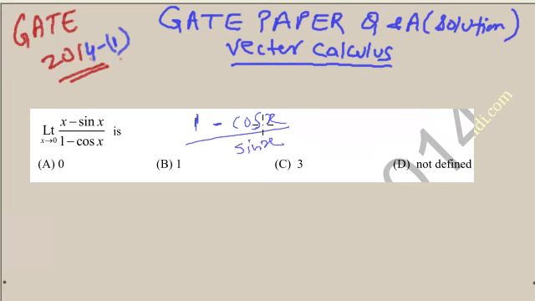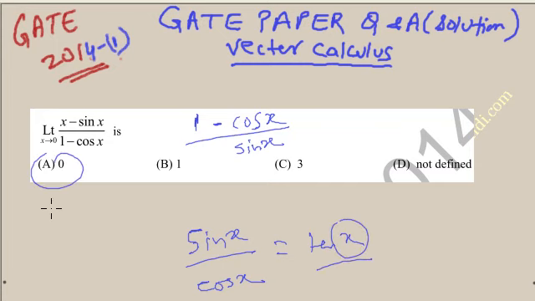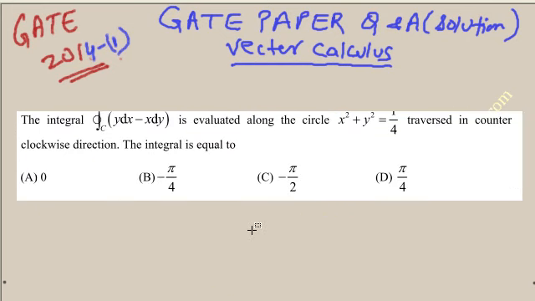So again 0 by 0, so again differentiate it, you will get sin x divided by cos x. So this is tan x. So if you put 0 here, it will be 0. So this is 0.